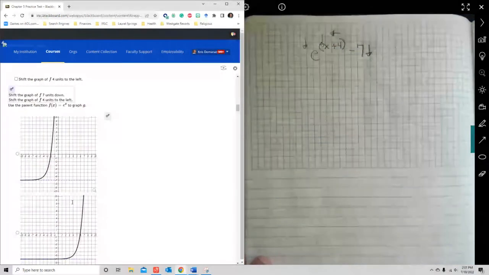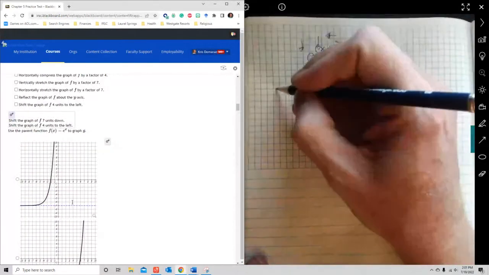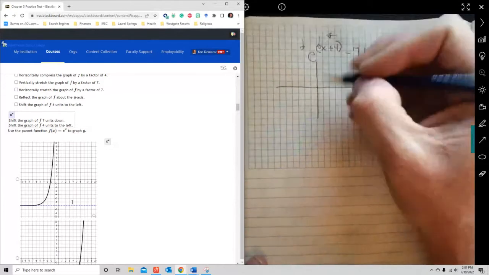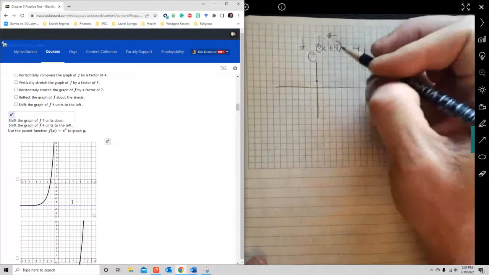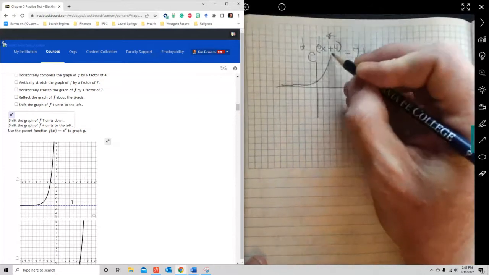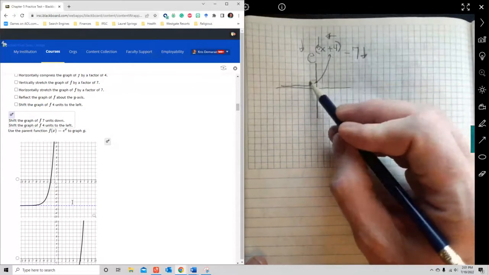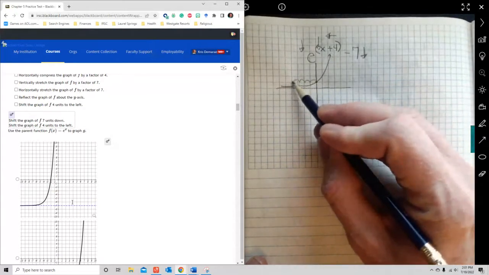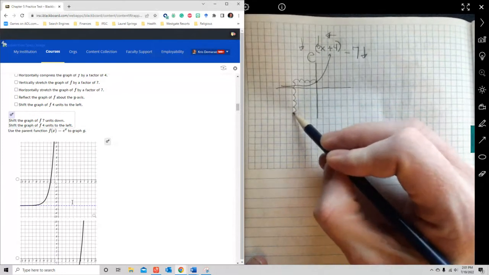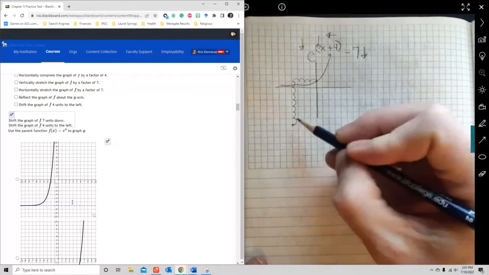Now the graph then being that it is an exponential function, and exponential functions, what we do is we take a critical component value, which that critical component is (0, 1), and we go ahead and translate that in accordance to what we just said. So 4 units, 1, 2, 3, 4, 7 units down, 1, 2, 3, 4, 5, 6, 7 units down, puts our new critical point here.